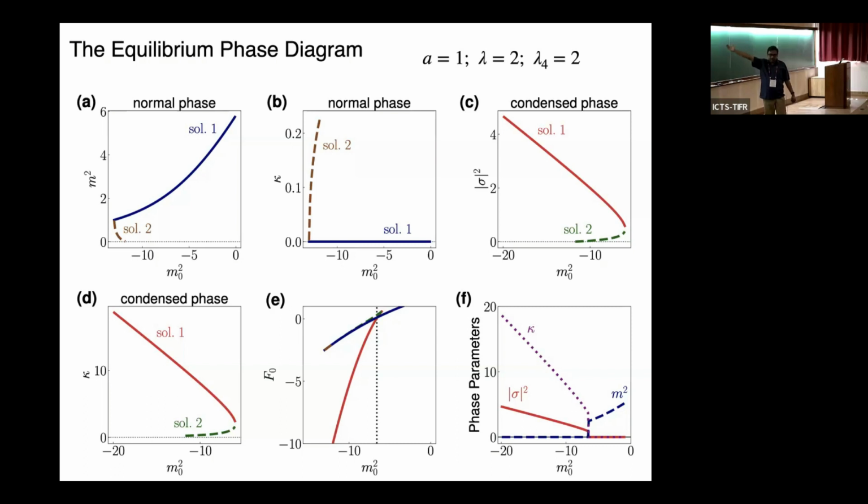If it's around this m square, then I can go to next order, because this only involves Bogoliubov quasi-particles which are non-interacting, right? So if you go to the next order in 1 over n, those corrections, I believe, will come with some 1 over n times effective lambda 4 square over mass of T. That's roughly the answer. But then that will now ask whether m square of T will change dramatically or not.